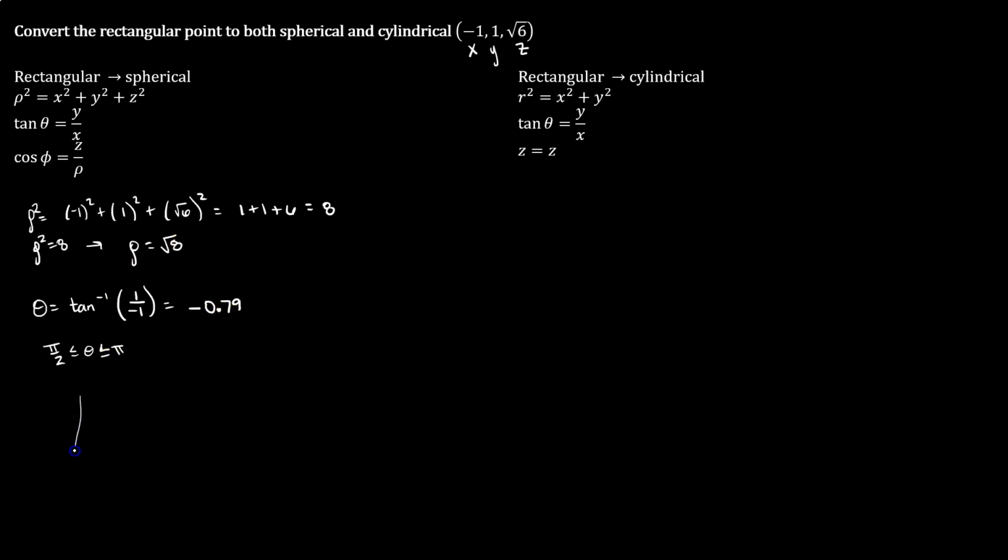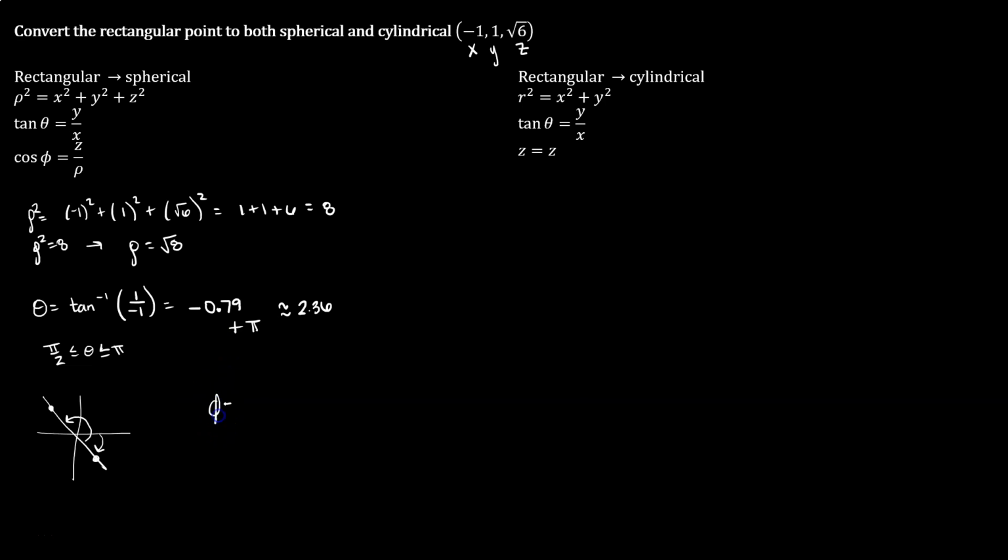So remember that tangent will have 2 solutions, one that fits in quadrant 2, one that fits in quadrant 4. Tangent inverse gave us this one. So if we add pi to it, we will find the one we want. So we're going to add pi to -0.79 to find 2.36 approximately for theta.